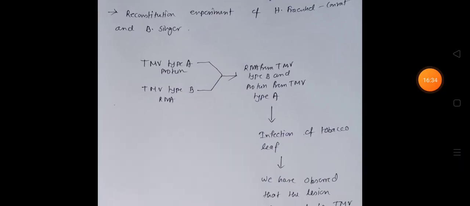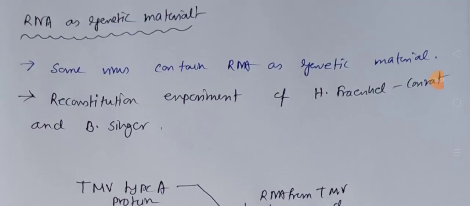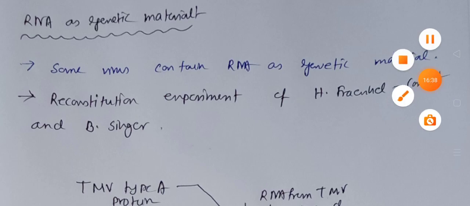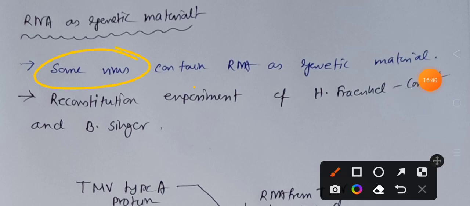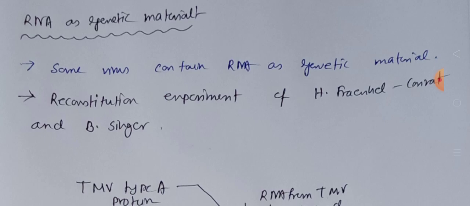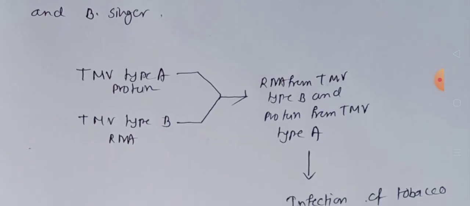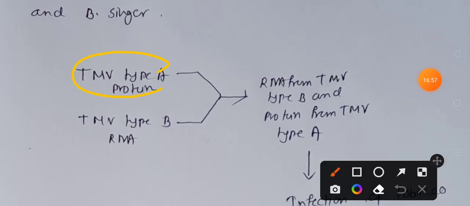So now let's move to another topic, that is RNA as a genetic material. As I have just told you, some viruses contain RNA as genetic material. It was proved by an experiment, the reconstitution experiment of H. Fraenkel-Conrat and B. Singer.